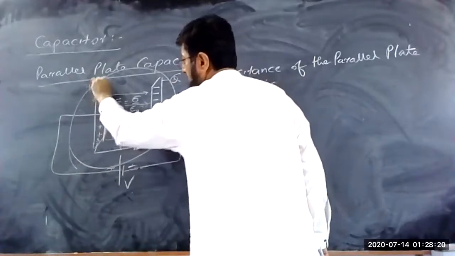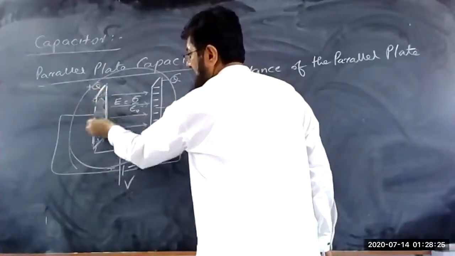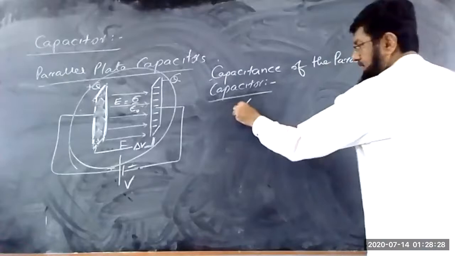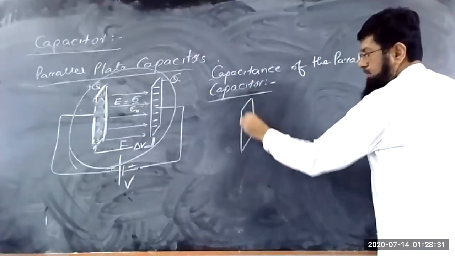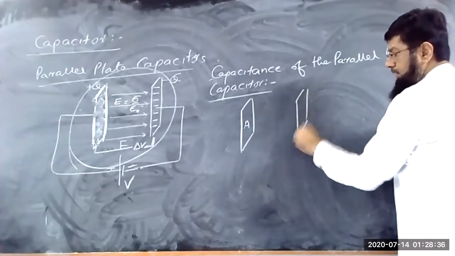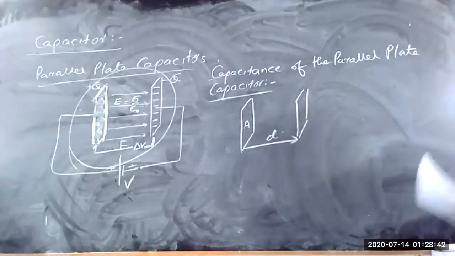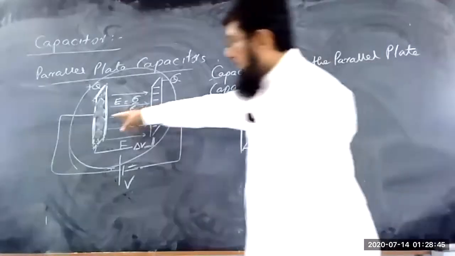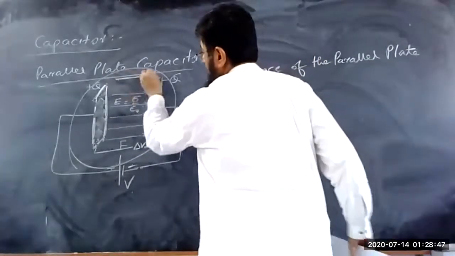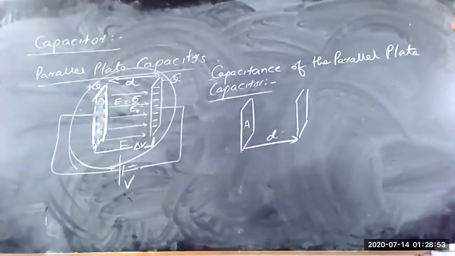I am drawing this plate here, and its area is A. This is the second plate, both have the same area, and the separation between the two I call D. A is the area of the plate and D is the separation between the plates, the distance between the plates. So now we have to look at what is the capacitance of the parallel plate capacitor.